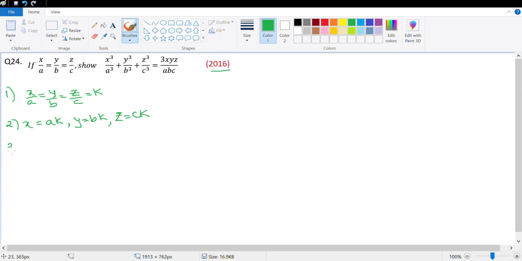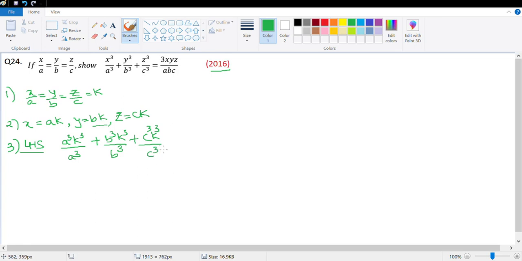Now let's substitute this in the left hand side and see what we get. So our left hand side becomes x cube, which is a cube k cube upon a cube, plus y cube, which is (bk) whole cube, which means b cube k cube upon b cube. And the third term is z cube, which is c cube k cube upon c cube.